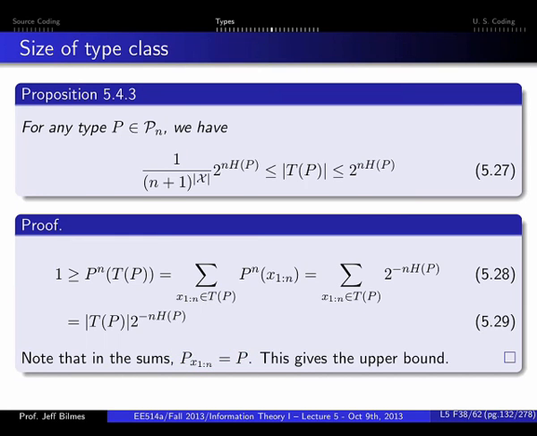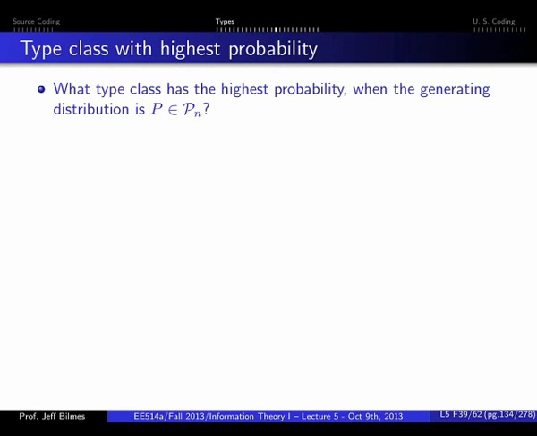And then, before we do the lower bound, let's do this lemma, which is actually kind of important. So what type class do you think has the highest probability when the generating distribution is a particular type? So now here's the idea. If this doesn't make sense, we're choosing a particular type from the set of possible types.